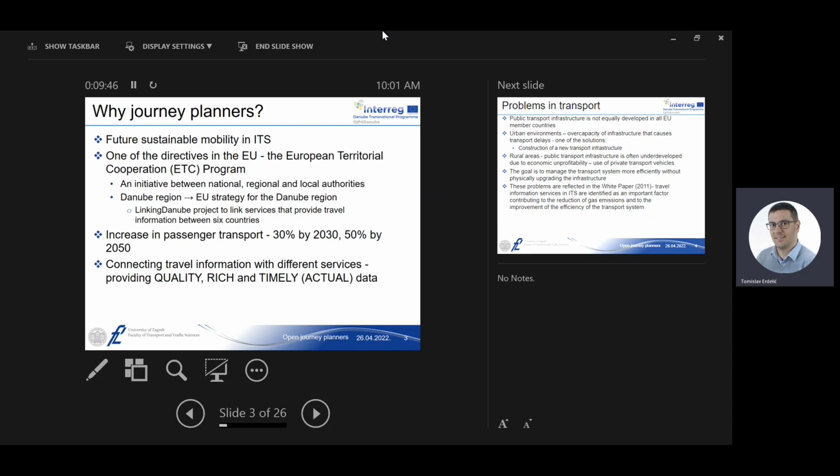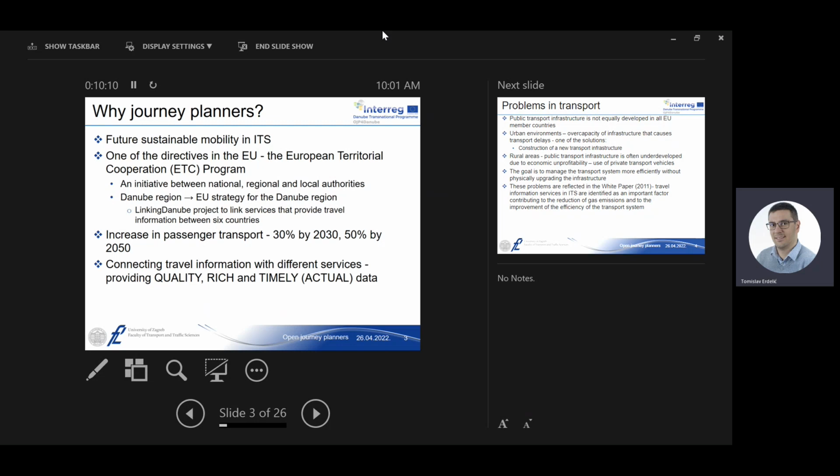But the problem is you cannot do that outside of Croatia because you do not have the information about other countries. You can plan, for example, Zagreb to Vienna, but you cannot plan from Zagreb to Žilina because there is no direct connection. There's no information at Zagreb that tells you how to travel to Žilina. Okay.